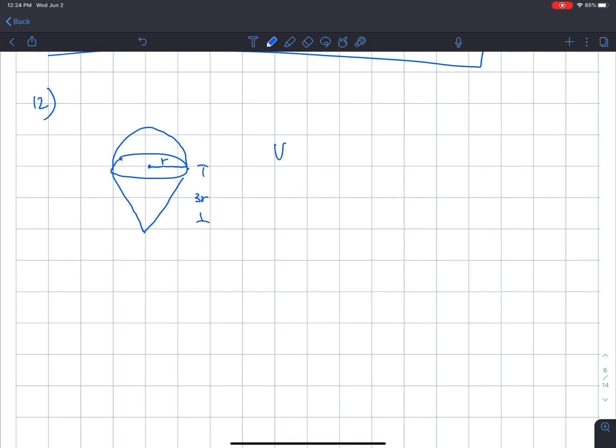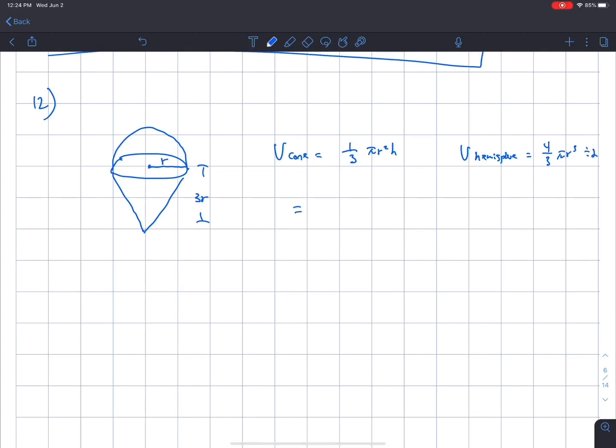So volume of the cone is 1/3 pi r squared times h. And the volume of the sphere, or hemisphere, only half, will just be 4/3 pi r cubed and then divided by 2 because there's only half.